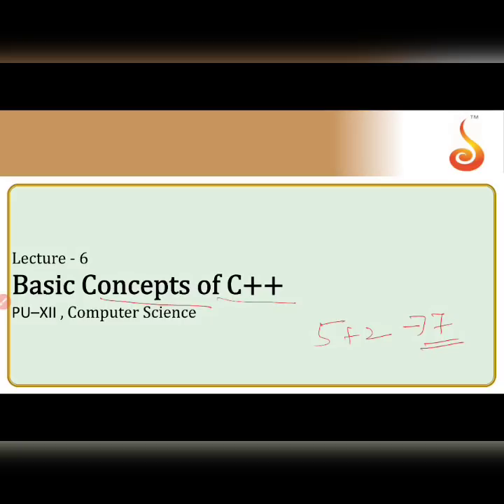From the next chapter onwards you will learn the syntax or the actual programming, like how to write a program using that. But to understand that, this chapter is very important, so please pay attention and we'll start with the chapter now.